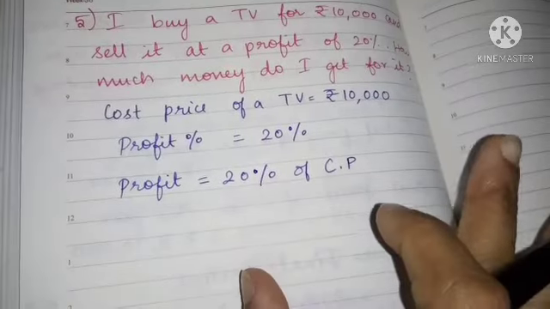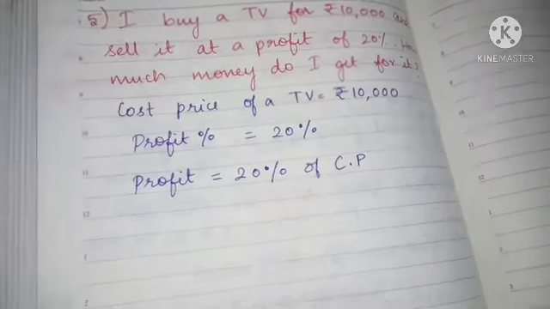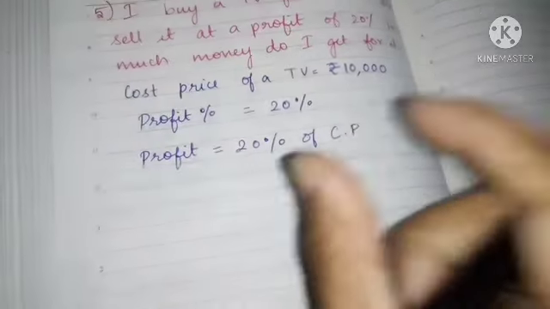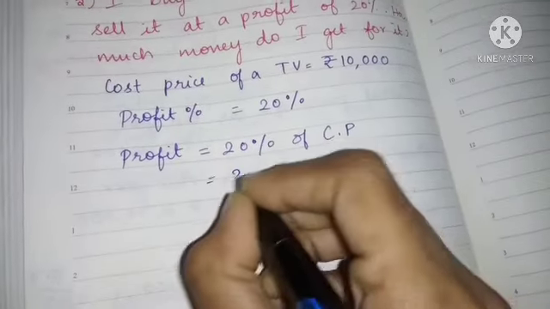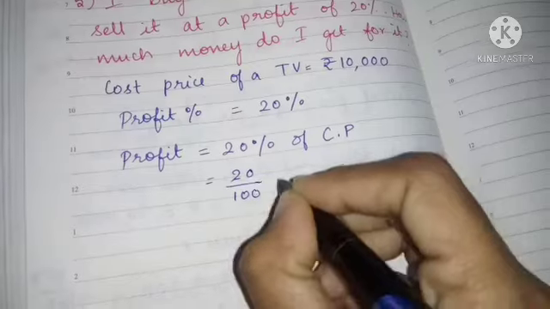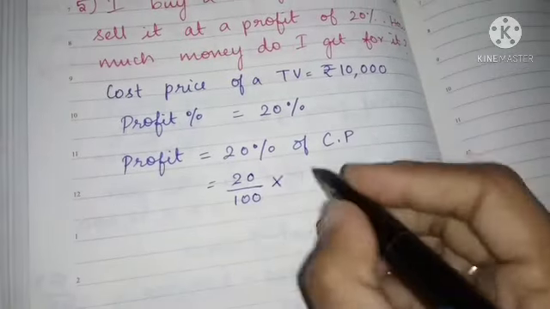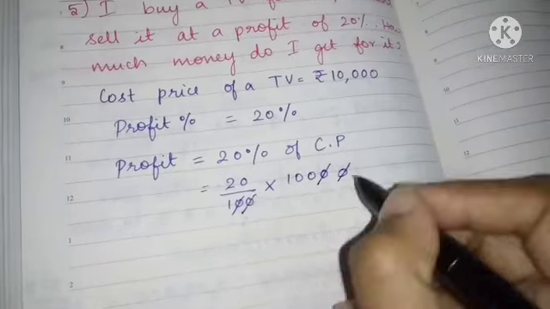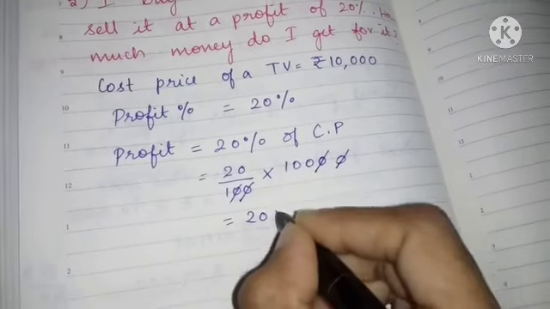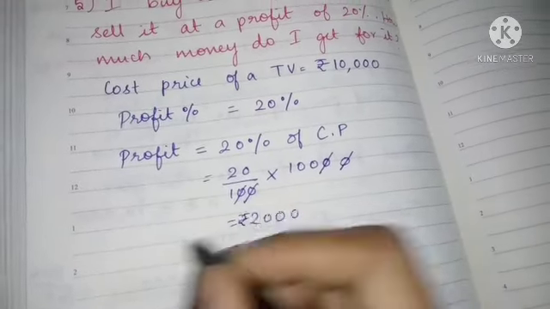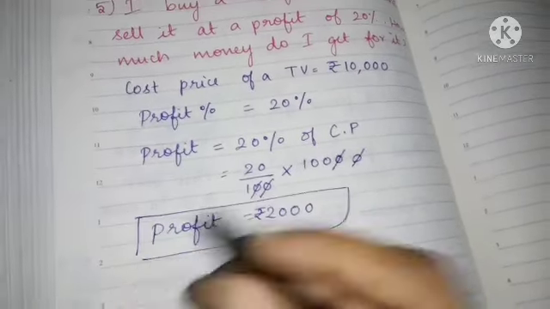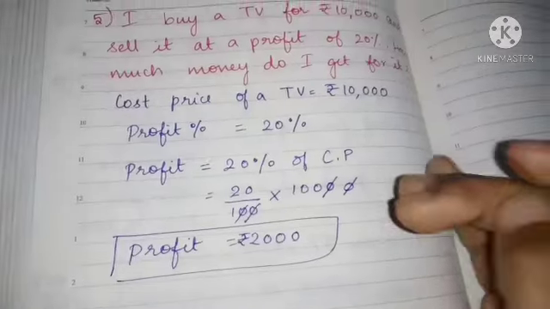We have discussed this in an example problem as well. That percentage of the cost price will be the profit amount. So 20% means 20 by 100, of means multiplication, cost price is 10,000. The zeros cancel. 2 into 1,000, so 2,000 rupees is our profit in this sale.